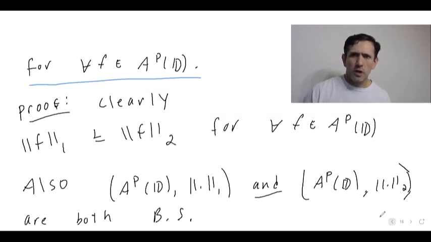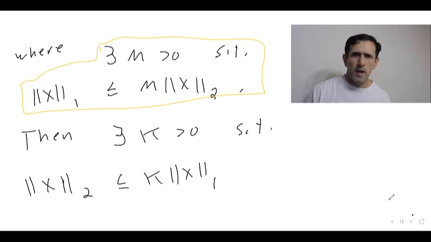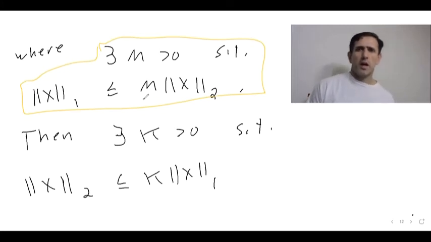So these are 2 Banach spaces, M here equals 1, and the 1 norm is less than or equal to the 2 norm.